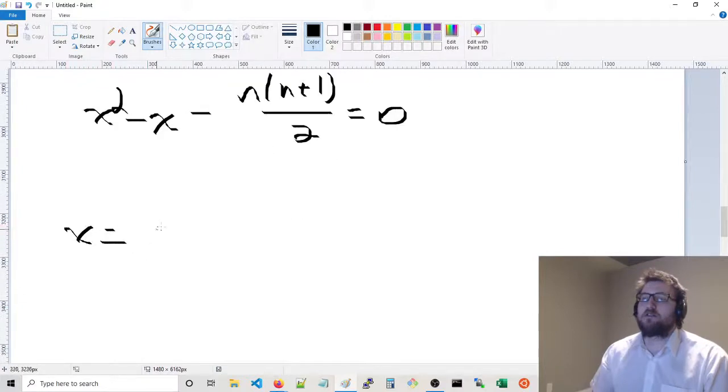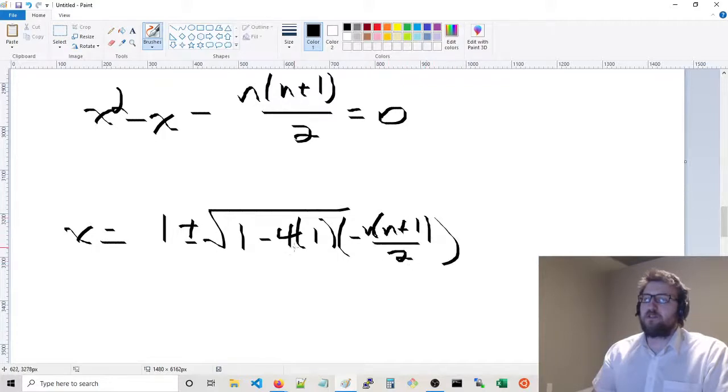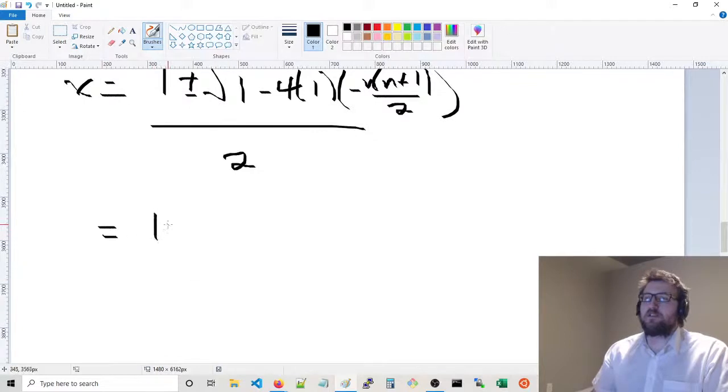And then you can say x equals negative b plus or minus the square root of b squared minus 4a, and c is actually a negative, all over 2a. So this is what you want, plus 2n plus 1.